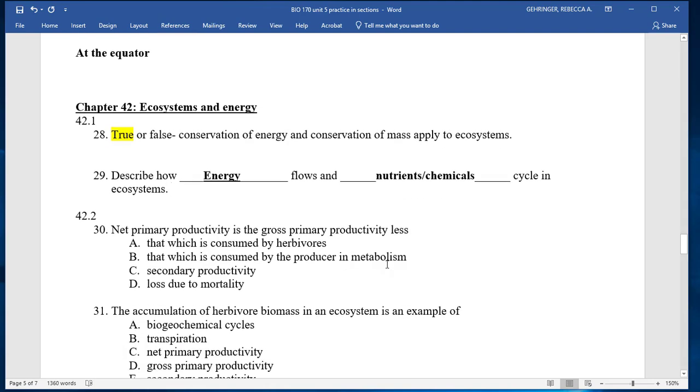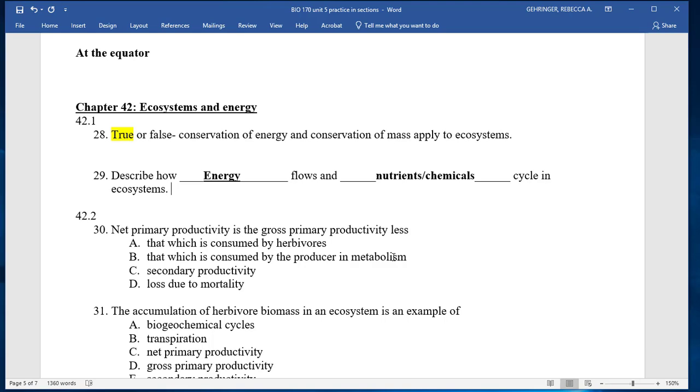So then 30, net primary productivity is the gross primary productivity less that which is consumed by herbivores, that which is consumed by the producer in metabolism, secondary productivity, or loss due to mortality. So what's your net? That's your take home. What's your gross, right? That's all you made.